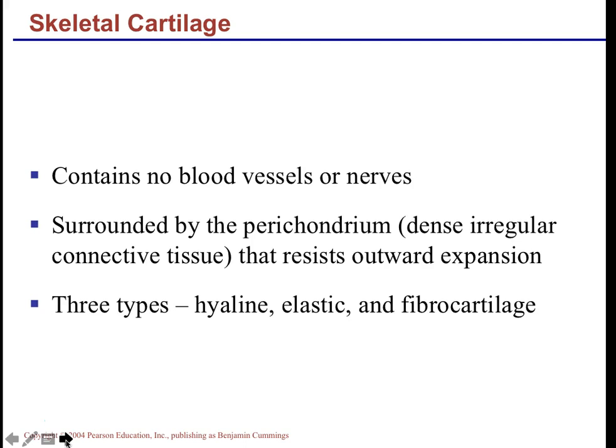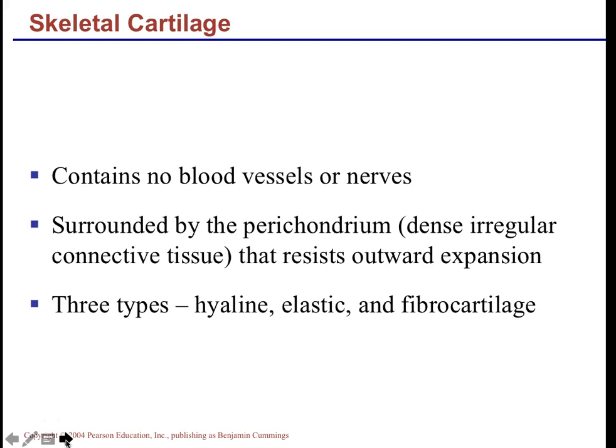The skeleton, and bones specifically, are going to be protected by an outer and an inner layer, and on either end, a layer of cartilage. And the great thing about cartilage is that it doesn't have blood vessels and nerves, so things can rub against it and you're not going to perceive it, you're not going to feel it.